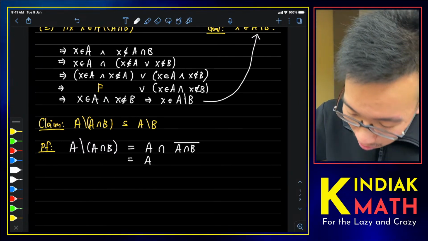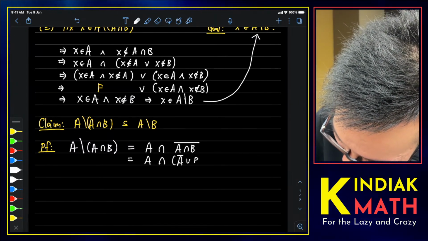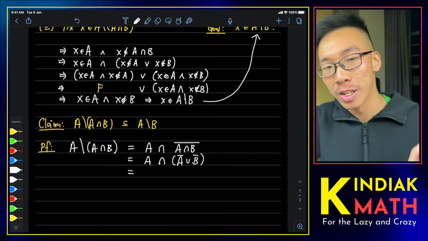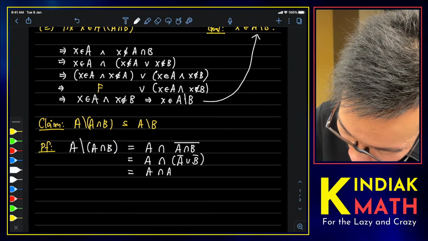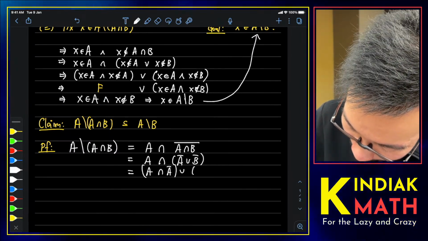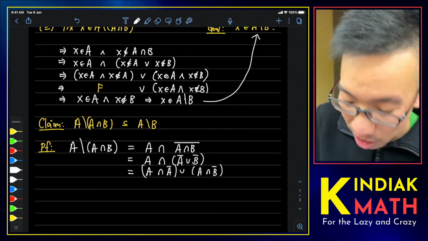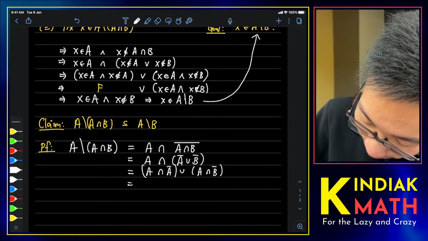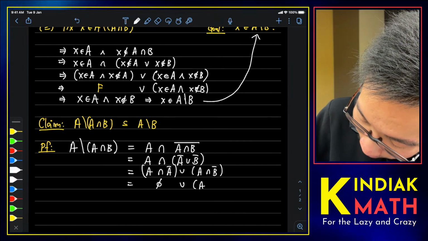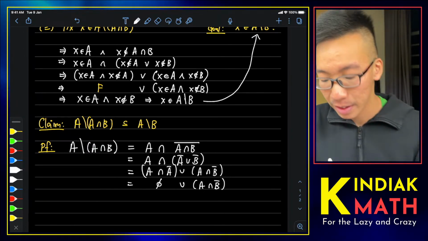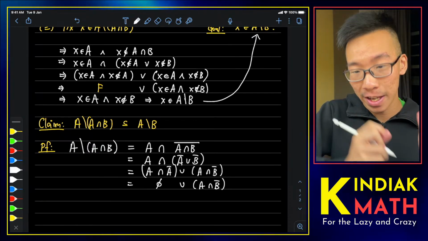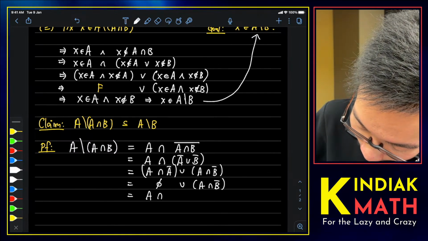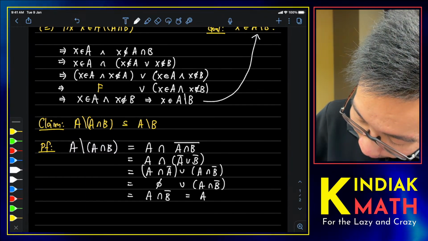But okay, I'm just going to do this for benefit. We can distribute the intersection. We notice that a set intersecting its complement will always give us the empty set. And taking empty set union any set gives us that particular set itself, which is basically A exclude B.